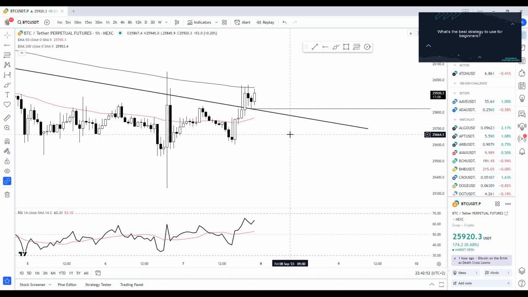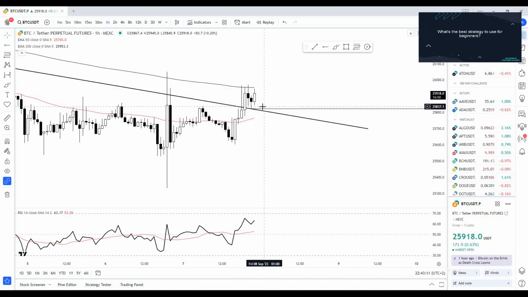And then the question, at what point would you consider the trade invalidated? Once I have a confirmed close below the trend line, exactly as the confirmation, the second confirmation candle closing above the trend line.